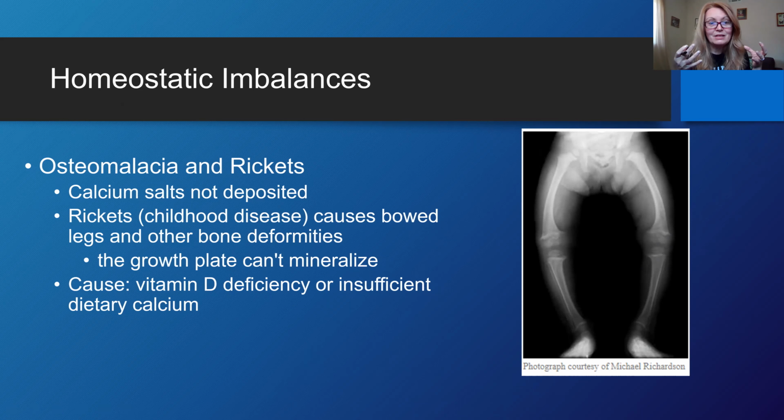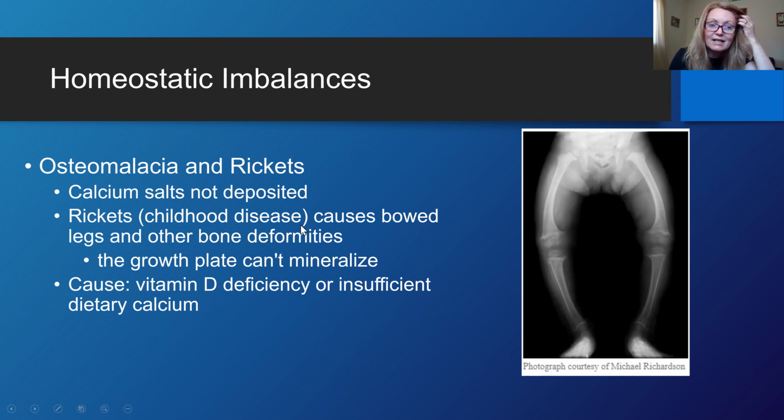So they become easy to deform. For example, rickets is a childhood disease. When the child is growing and becoming bigger, gaining some pounds, but the bones are still soft, then some bones can be deformed, like shown on this x-ray.